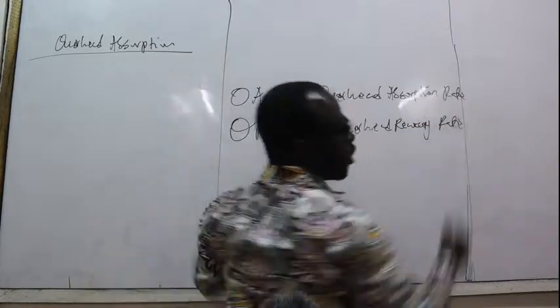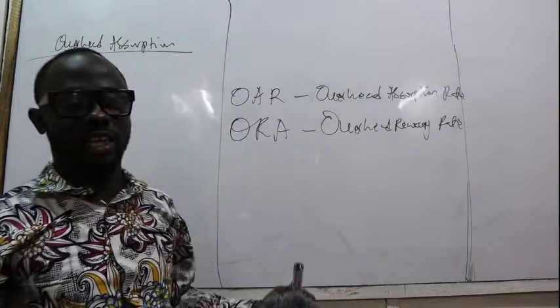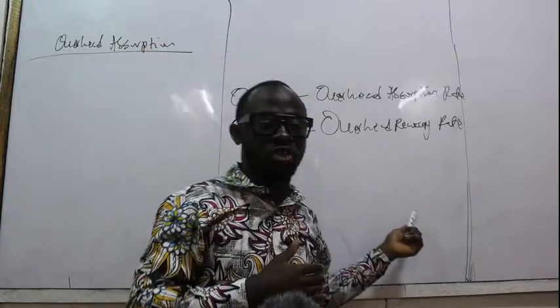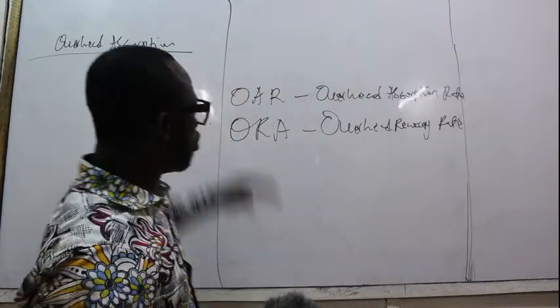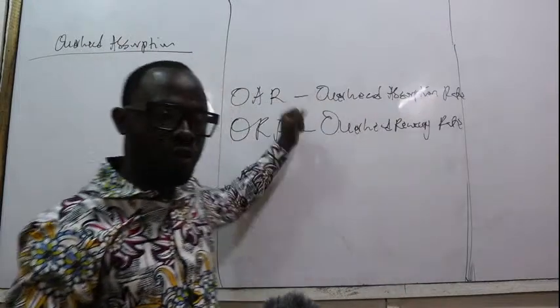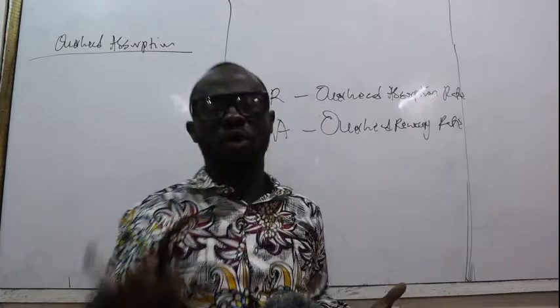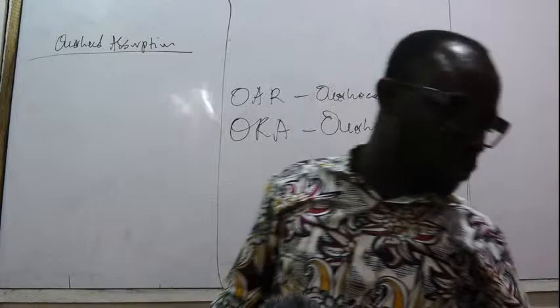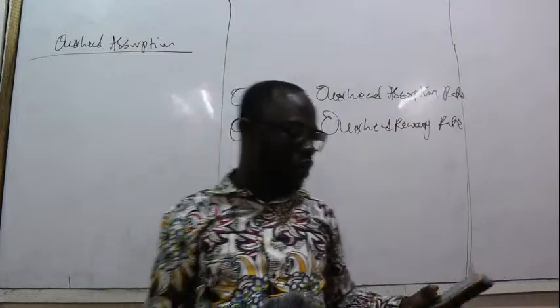Okay, so any of them can be used in a scenario, and you should be able to know what is actually happening in there. So overhead absorption rate or overhead recovery rate. But a big question we ask ourselves is, how do we compute the overhead absorption rate or the overhead recovery rate?